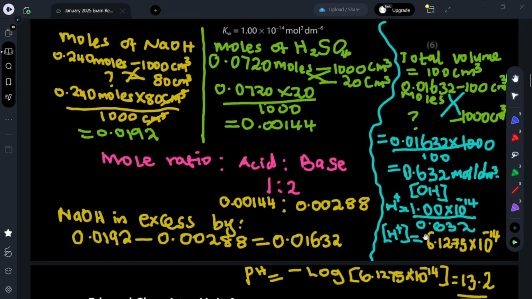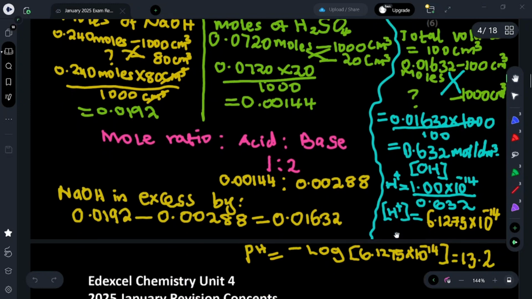After getting the concentration, which is 0.632 moles per dm cubed of the hydroxide ions, we can now get the concentration of the hydrogen ions by defining the ionic product of water by the amount of moles of the hydroxide ions that we acquired.